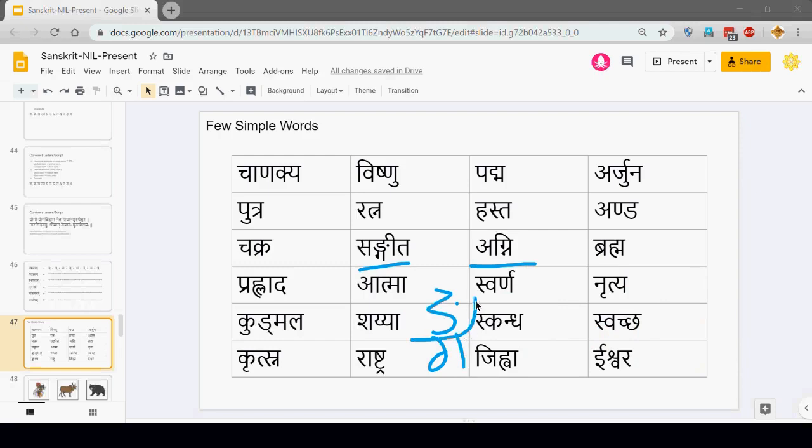Sang, but the pronunciation, this is half, sang, then there is g, and the vowel part is pronounced later. Sangi, Sangeeta. Okay. The next one. Agni. Agni also same. Ag, half, then ni. Agni is fire. Okay. Next.